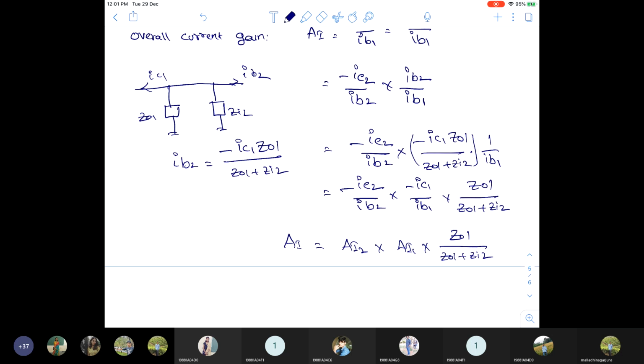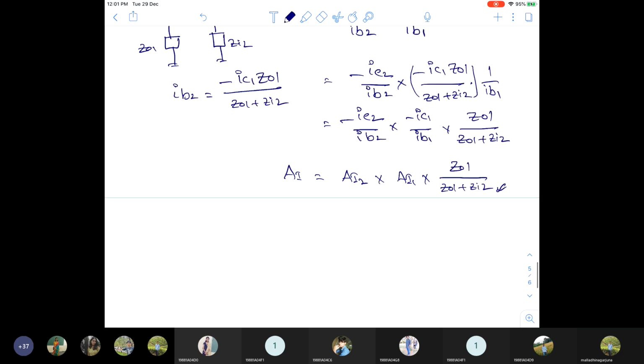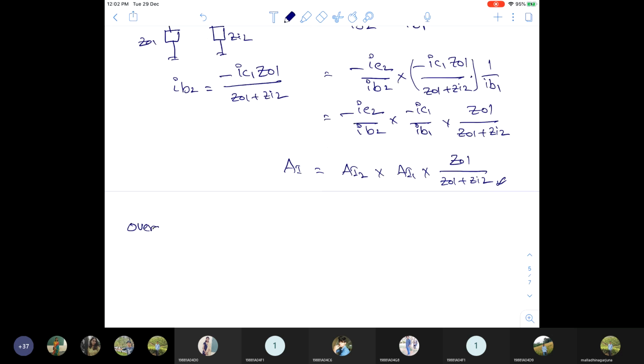But this is not the case with the overall voltage gain. Why? Because the resistors are in parallel, so the voltage will be constant, but the current will be varied. Hence we are getting some extra term like this. Next, the overall input impedance, as I already told: Zi equals Zi1. The first stage input impedance is the overall input impedance.